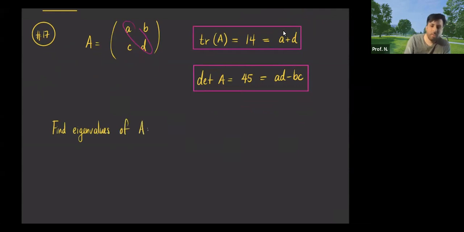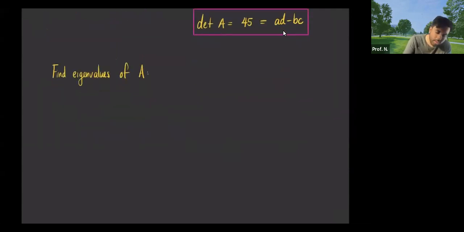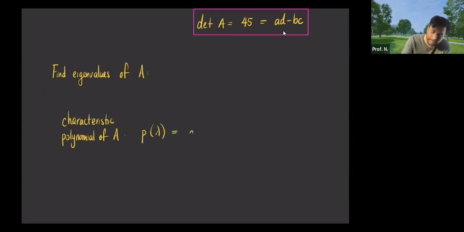To find the eigenvalues of a matrix, you have to find the characteristic polynomial. We do so by taking the determinant of A minus lambda I and equating it to 0.